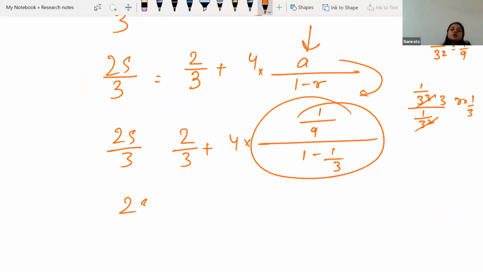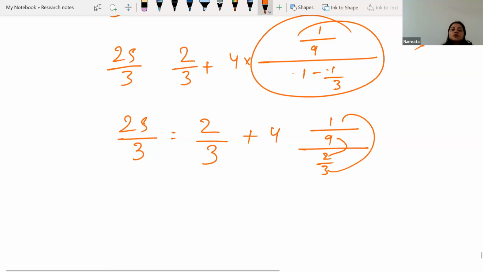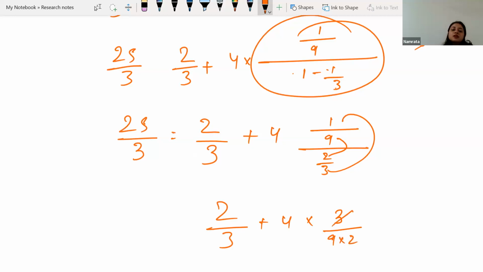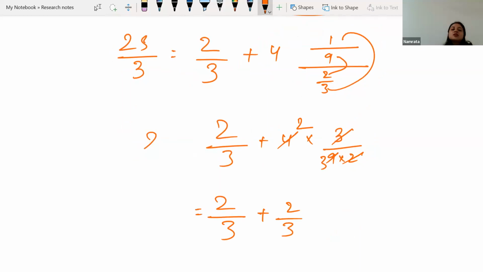So we are getting 2s by 3; minus will go up, this will come down. So we will be having 2 by 3 plus 4 into 3 by 9 times 2, 3 times 9. So 4 will also get cancelled. So we will be getting 2 by 3 plus 2 by 3 is equal to 2s by 3, and we just want to find the value of s from there.